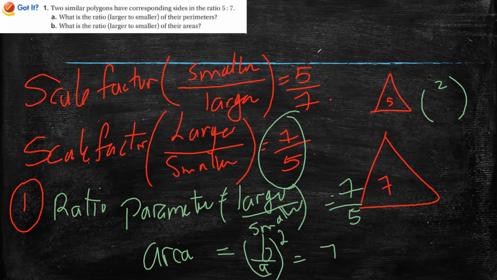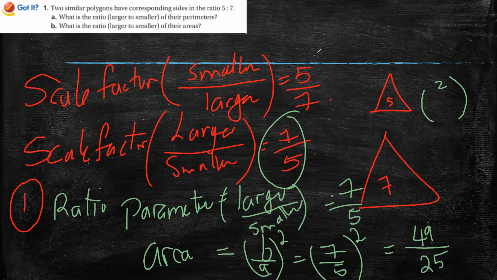That means 7 over 5, all of them squared, which is 49 over 25. This is now the ratio of larger to smaller of the areas.